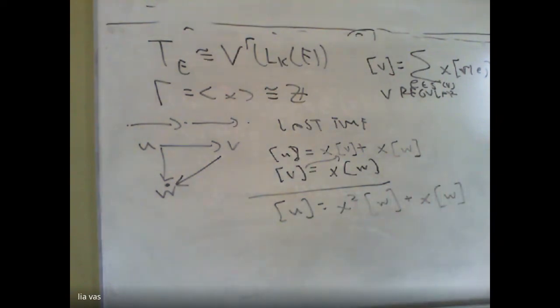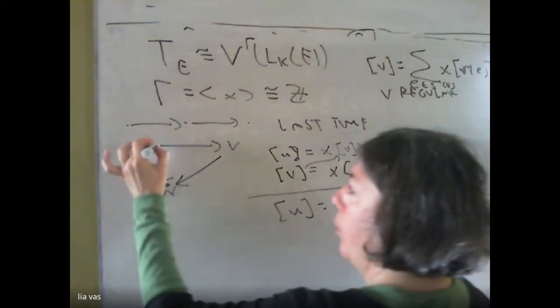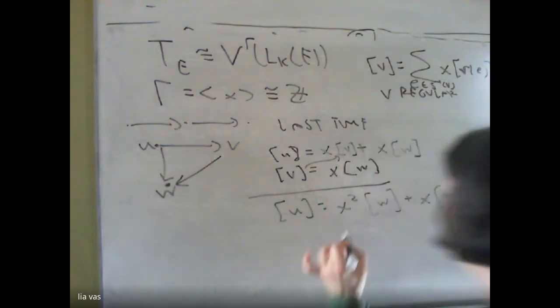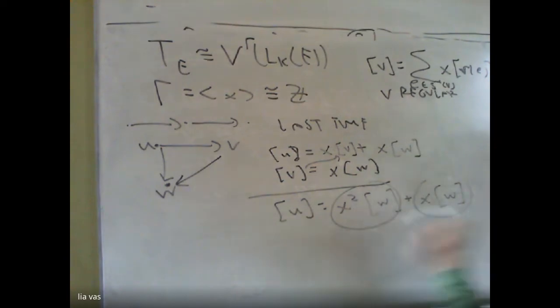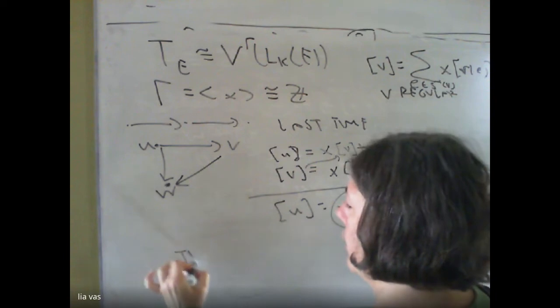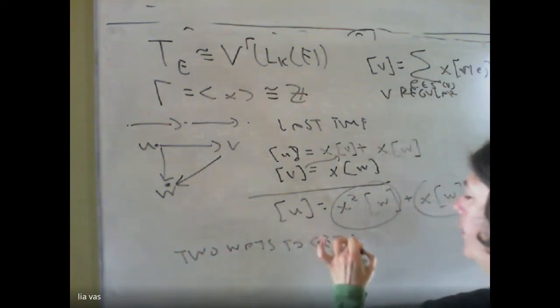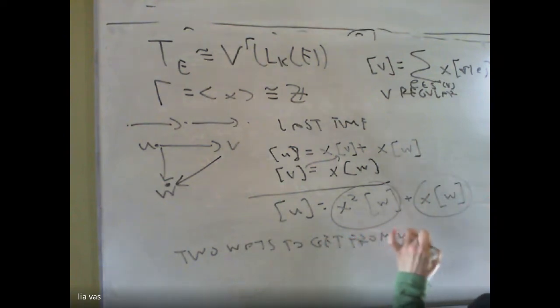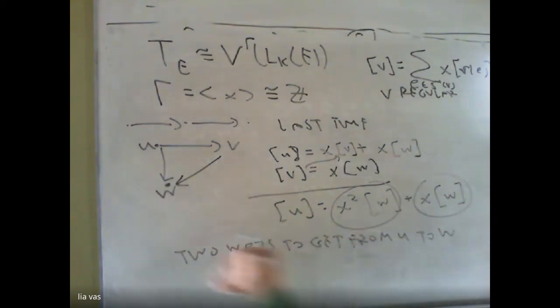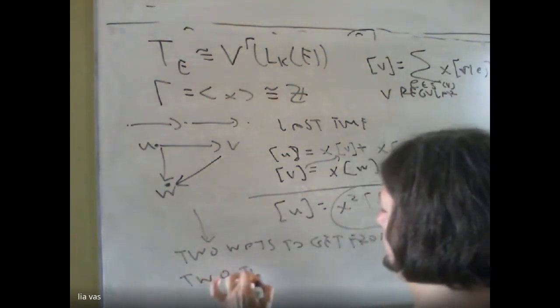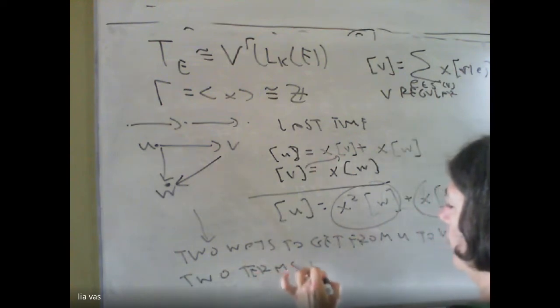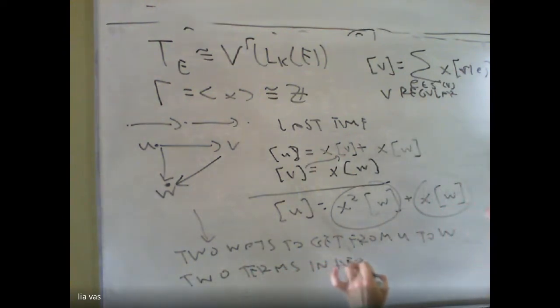So actually that tells you that if you want to go from here to there, you can do it in two different ways because there are two terms, right? So two ways to get from U to W means two terms in this identity here.